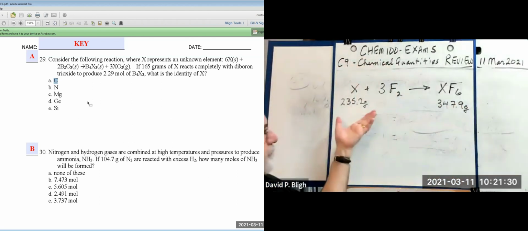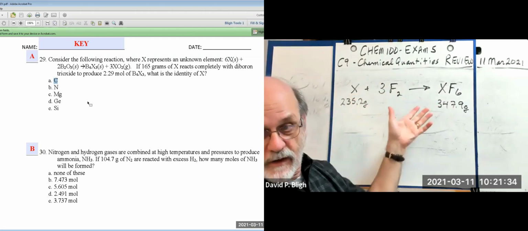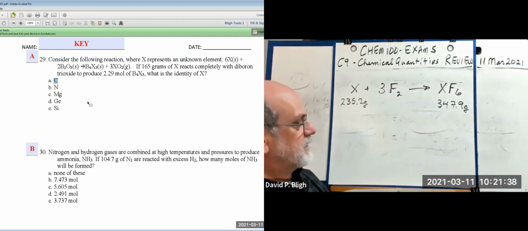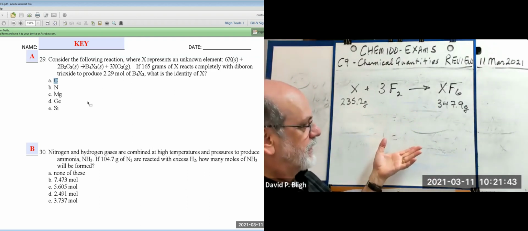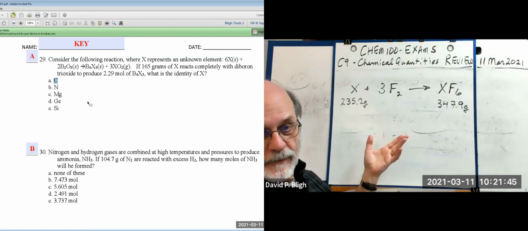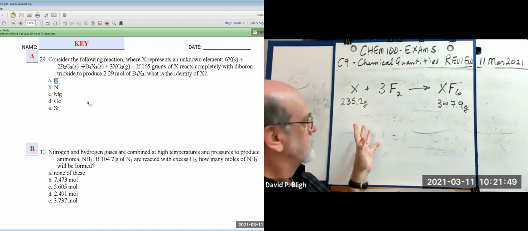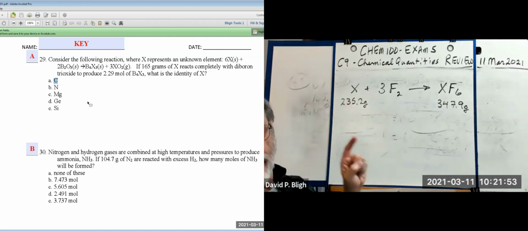Now, we don't know if it's a gas or a liquid or a solid. We're just given that mass. So we can't deduce anything from the physical state. So if we want to find out what X is, we need to know the molar mass. So we know the mass of X, how many moles is it?